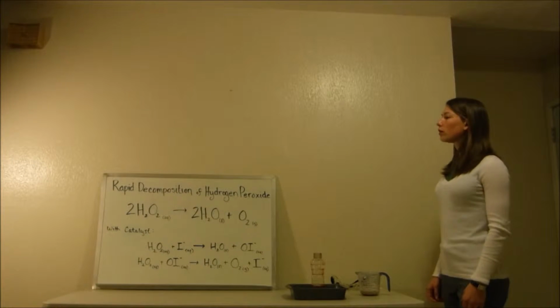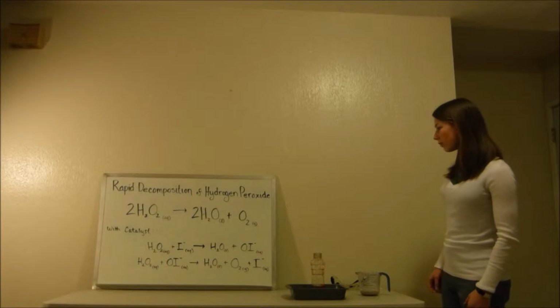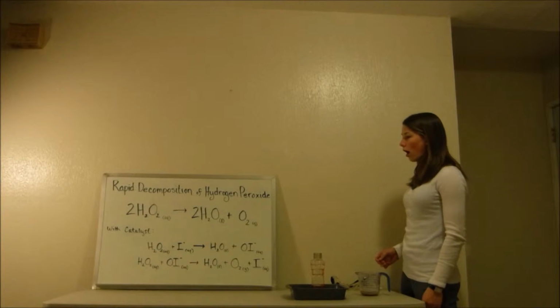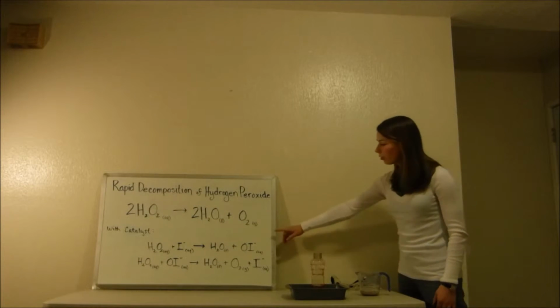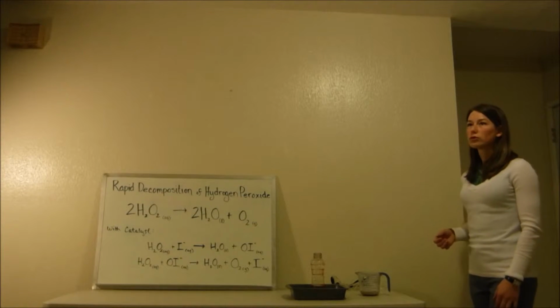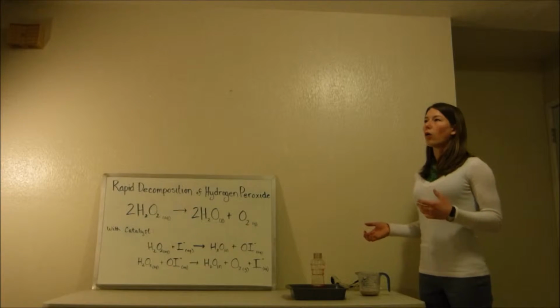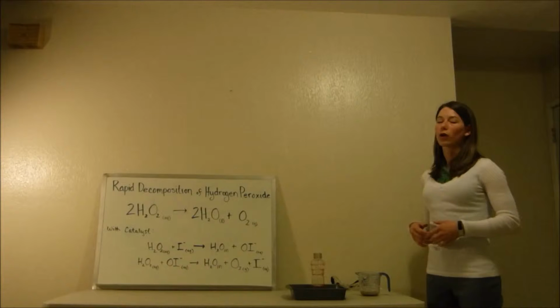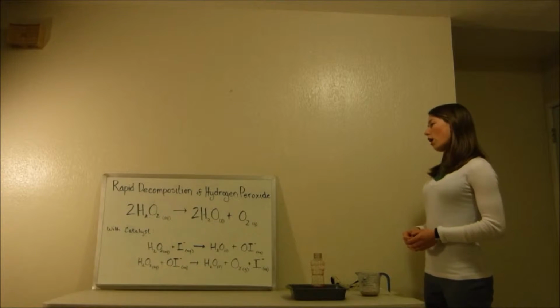So today we're going to be using a catalyst, and so for demonstration I've written out the chemical equations for what would happen with the use of a catalyst. In these equations we've used potassium iodide, which of course, ionically bonded, when put into water breaks down into the potassium cation and the iodide anion.